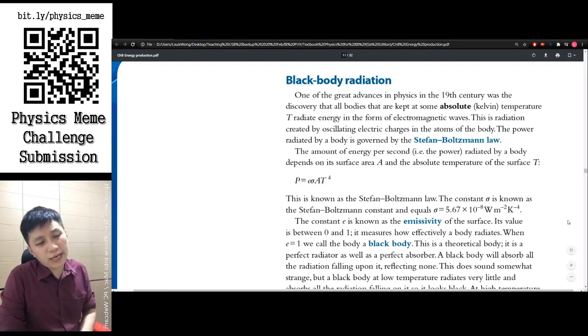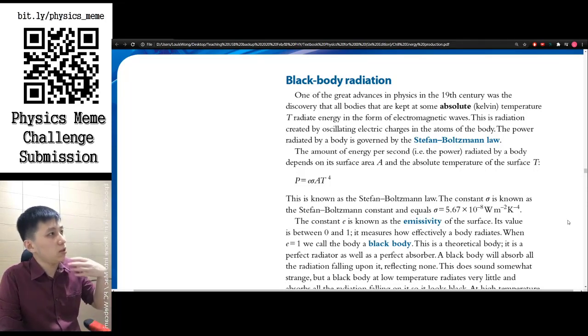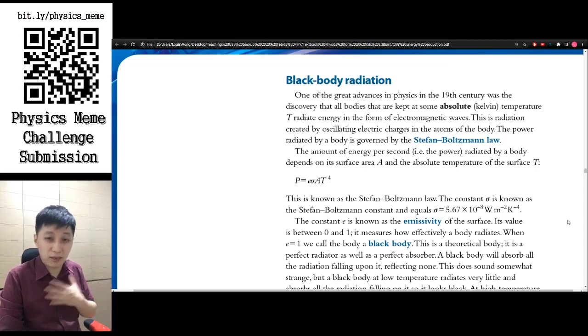So now you basically understand the idea of the Stefan Boltzmann law equation, but then you probably still cannot explain what I asked you in the previous video. Again, why would the Bunsen burner be of different color when they are of different temperature? Same for the sun, same for us, why do we emit infrared rather than visible light?